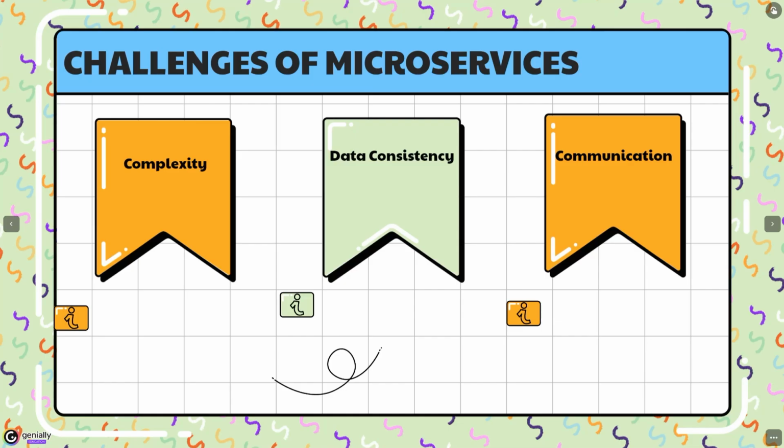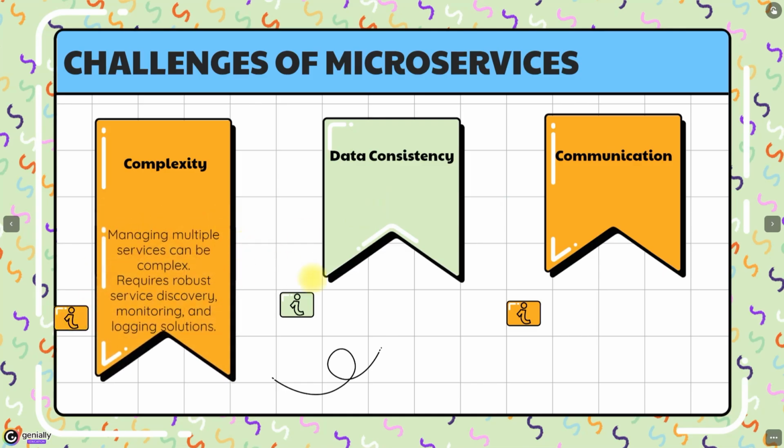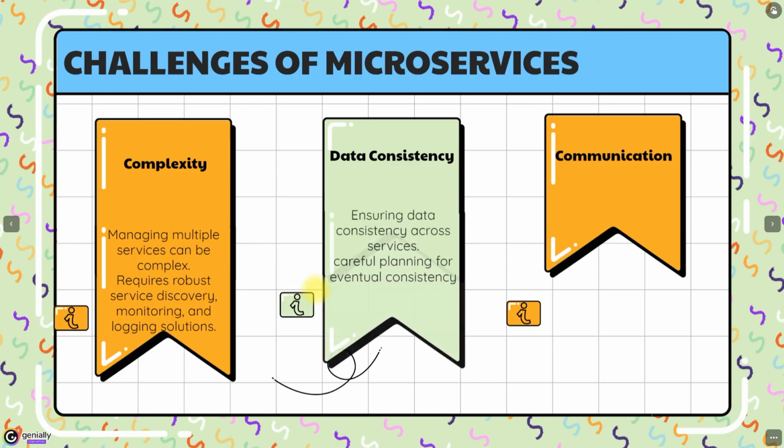Some challenges of microservices. One is complexity. Managing multiple services can be complex and requires robust service discovery, monitoring, and logging solutions. And the other one, data consistency. Ensuring data consistency across services can be challenging.